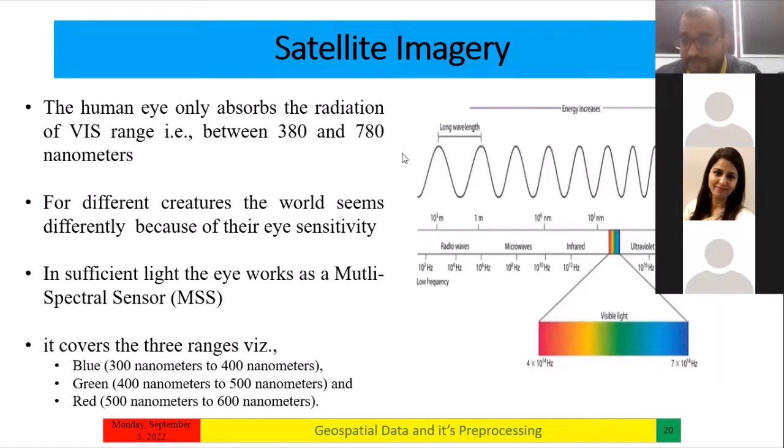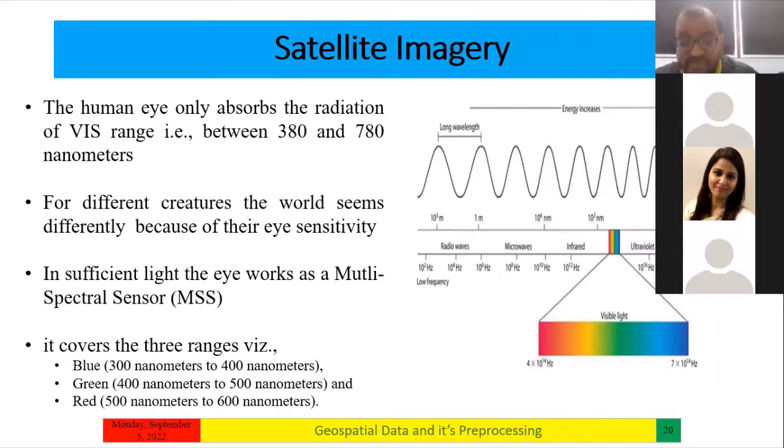So if I talk about the electromagnetic spectrum, there are different kinds of energy. The electromagnetic spectrum is divided into different subspectrums like visible, infrared, microwave, radio wave, ultraviolet, X-rays, and gamma rays. The sensing capability of different creatures is also different.